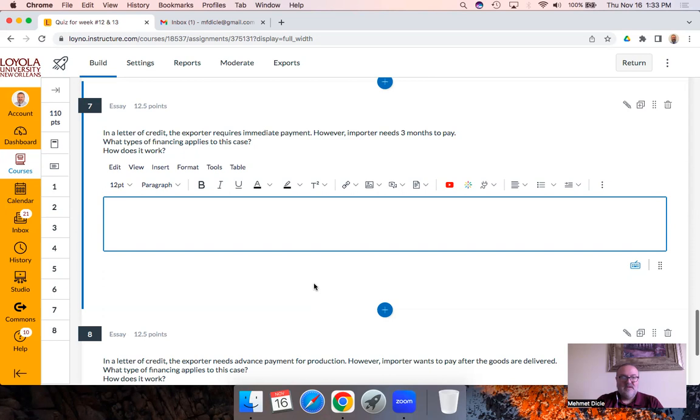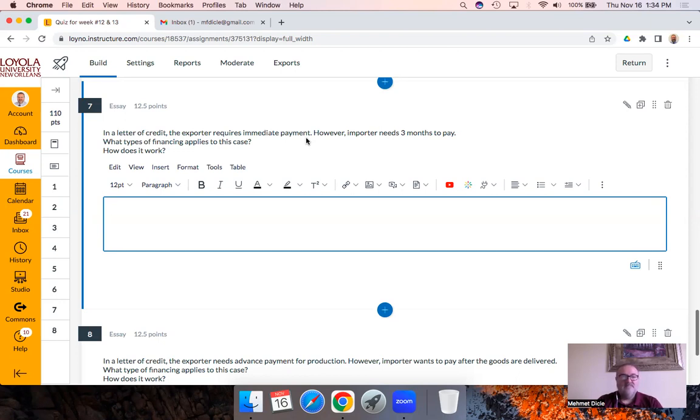The importer's bank and the exporter's bank all agree that the requirements have been fulfilled, and they sign off, and now we have a banker's acceptance that everything is free and clear and payment needs to be made. And since this is an at-sight LC, where the exporter requires immediate payment, the payment confirmation bank will actually make that payment as soon as goods are on board, free and clear.